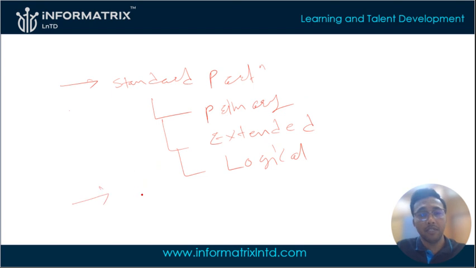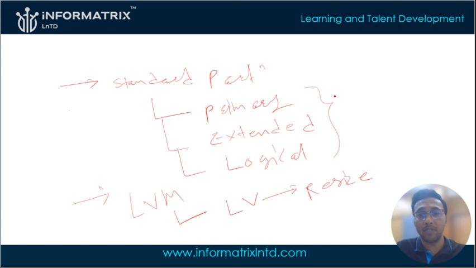The other one is LVM. LVM is an independent partition type where we are creating logical volumes, LVs. These LVMs have the feature that you can resize these partitions on the fly, which we cannot do in the standard partition type.